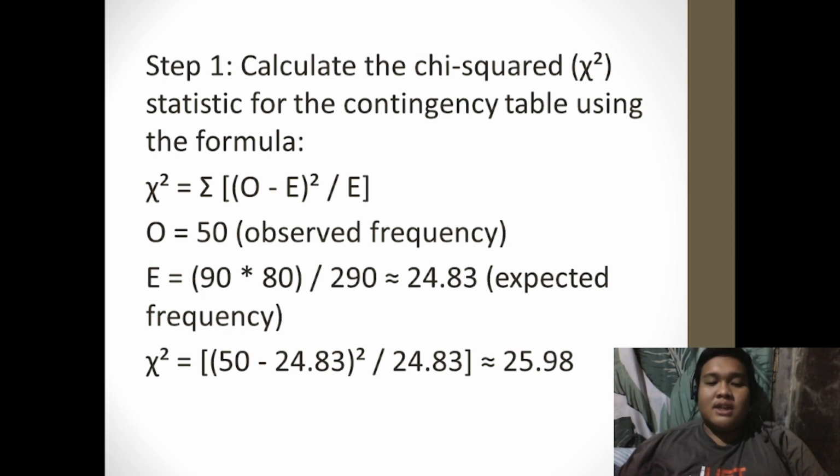E equals 90 times 80 divided by 290, which is 24.83, the expected frequency. So x squared is (50 minus 24.83) squared divided by 24.83, and we get the result 25.98.